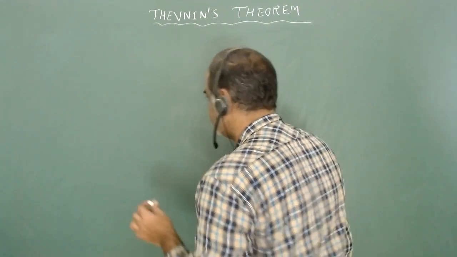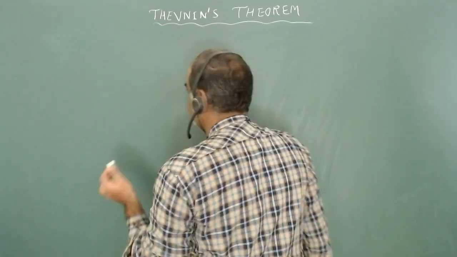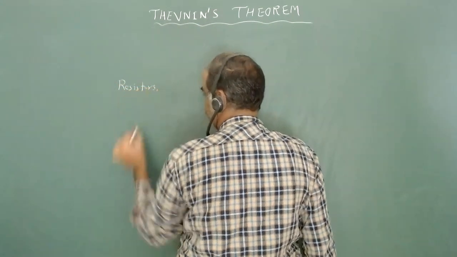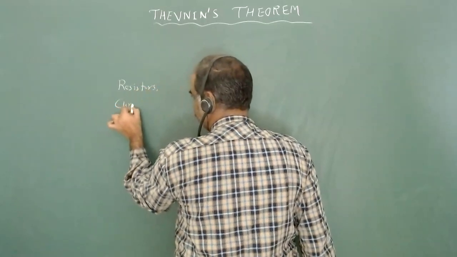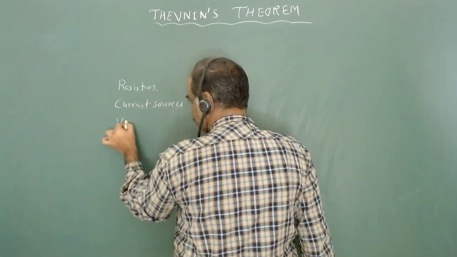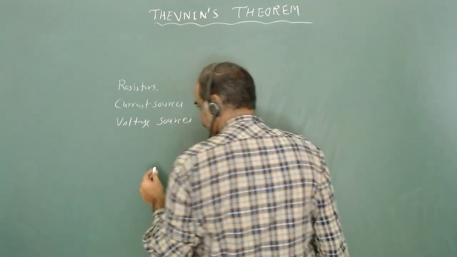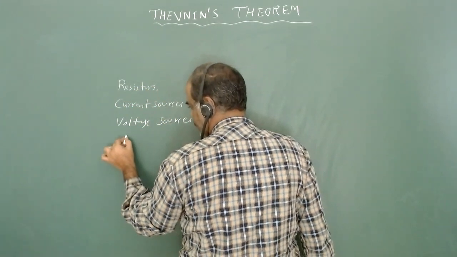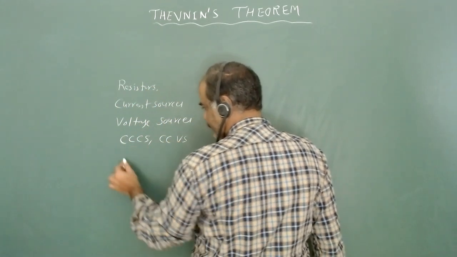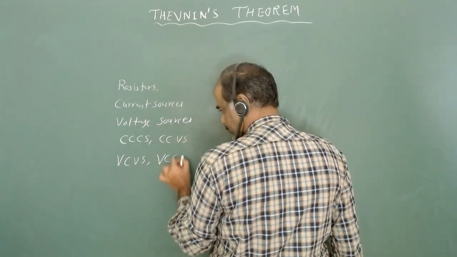Thevenin's theorem says, say we have a linear two-terminal circuit consisting of resistors, independent current sources, independent voltage sources, and dependent sources like current-controlled current source, current-controlled voltage source, voltage-controlled voltage source, voltage-controlled current source.